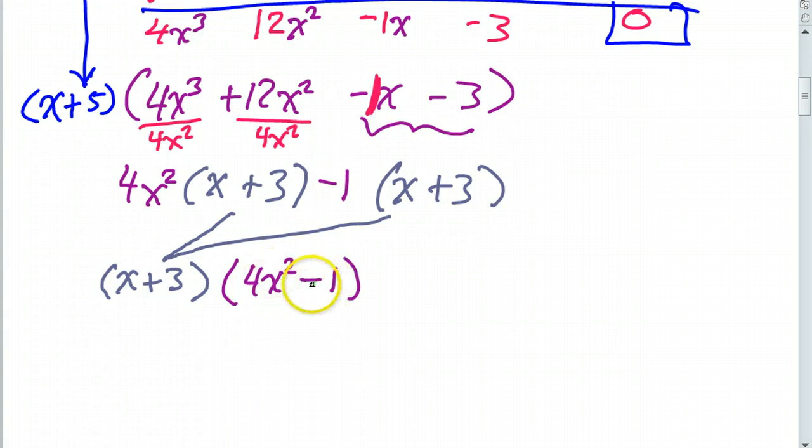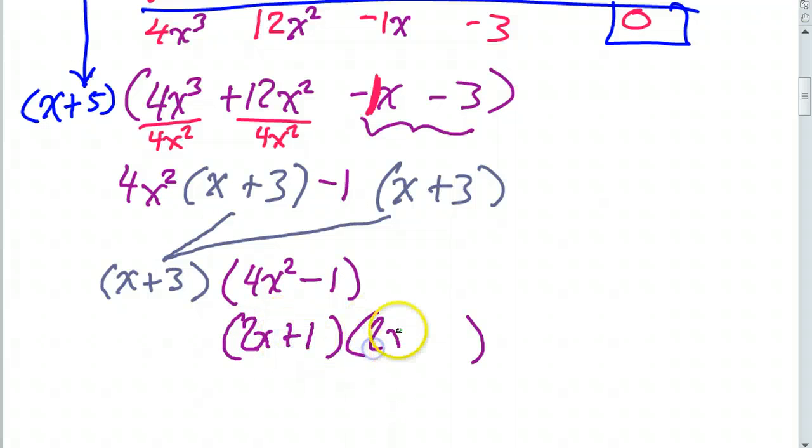Now, if this were 4x squared plus 1, I'd have to stop. But because it's 4x squared minus 1, this is the difference of two squares, and we know how to factor this. How does 4x squared minus 1 factor down? 2x plus 1, 2x minus 1. Exactly.